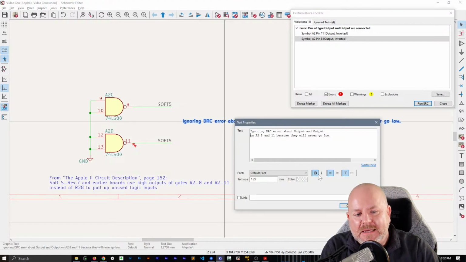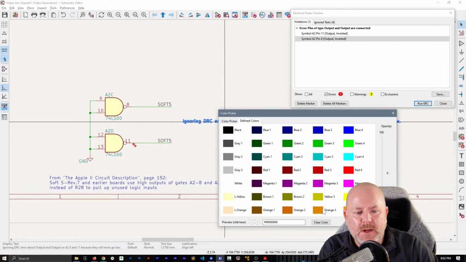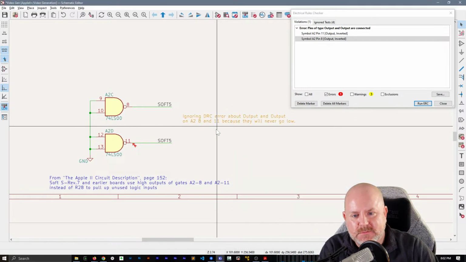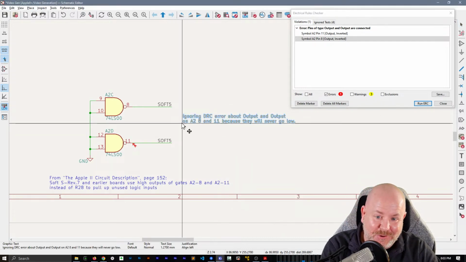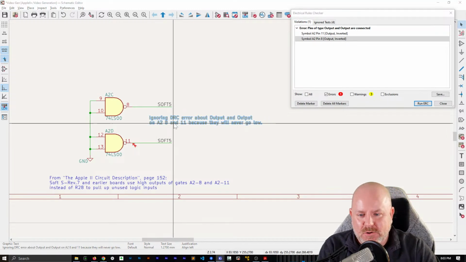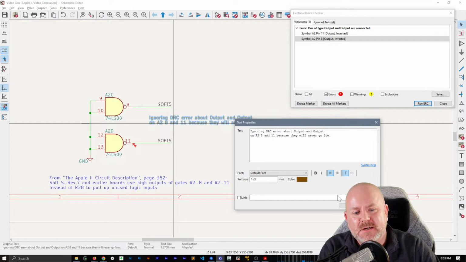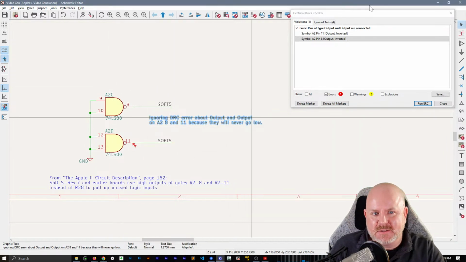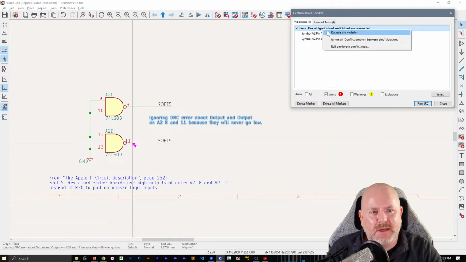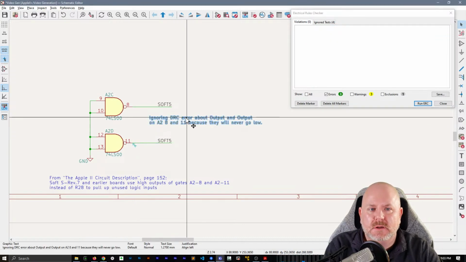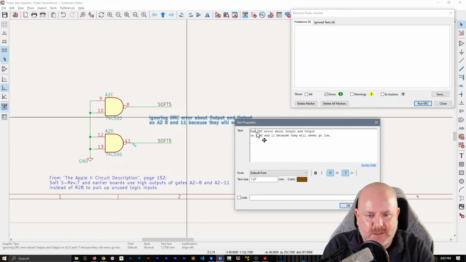We know ERC is not wrong, but it's also not right in this case, right? It doesn't know what the intent is. It just knows that you don't normally do this. But we can look at this and say, you know what, that's okay. We can ignore that. We'll just exclude. In fact, I'm going to change the word to exclude.